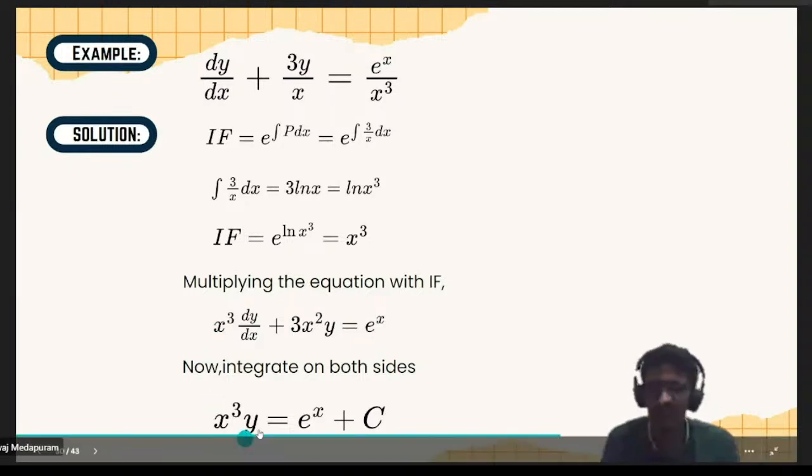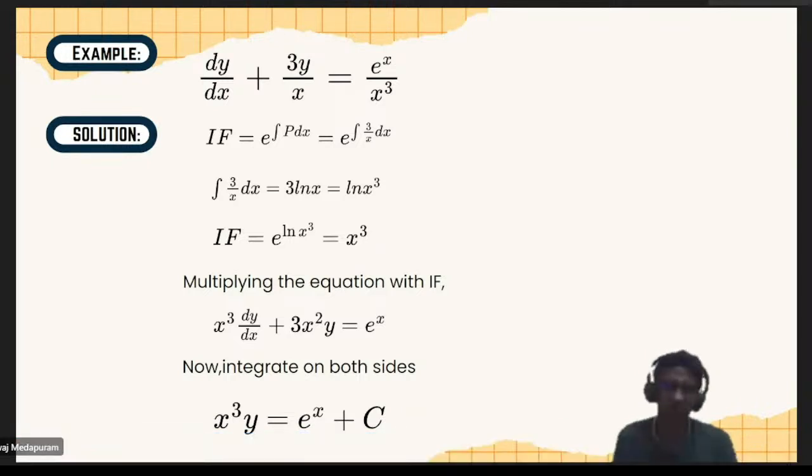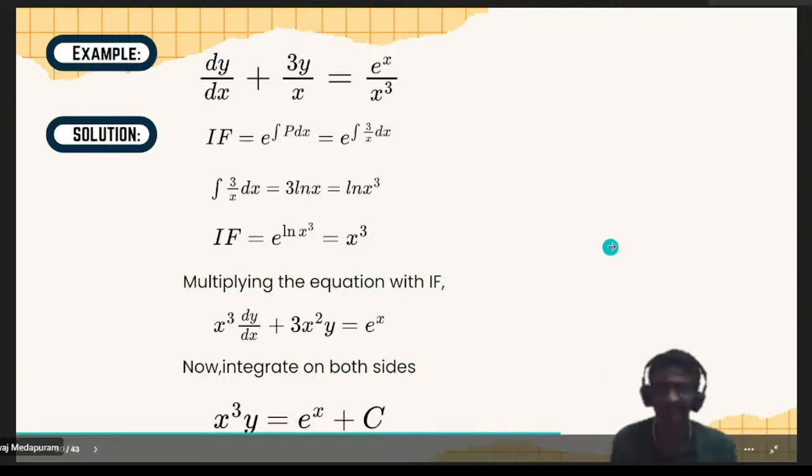We have d of x cubed y equal to e to the power x. If we integrate on both sides, we obtain x cubed y equal to e to the power x plus c. This is not only the case with integrating factors, but also with exact differentials. Sometimes we can just see that this is the differential of some function and integrate on both sides to obtain that function.